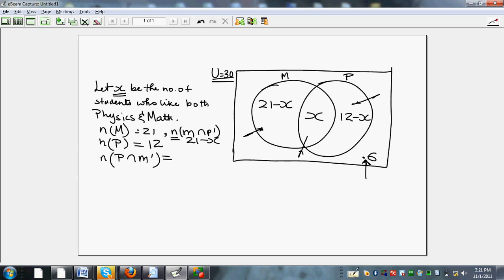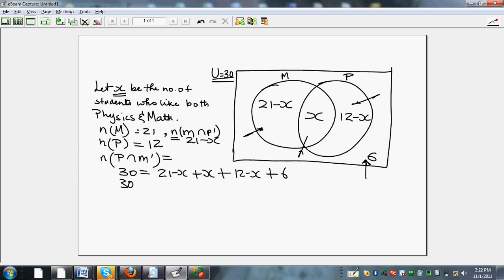The equation would be 30, which is the total, must be equal to 21 minus x plus x plus 12 minus x plus 6. Okay? So you have to add up everything inside of those individual areas so that you will get 30. Okay? So then you have to solve it.